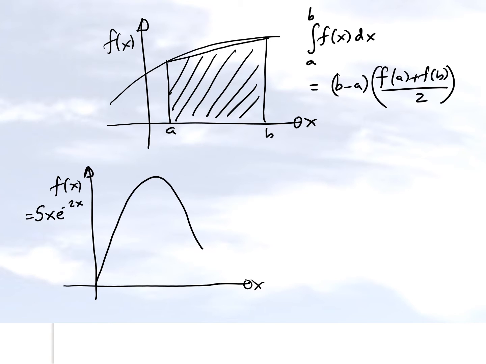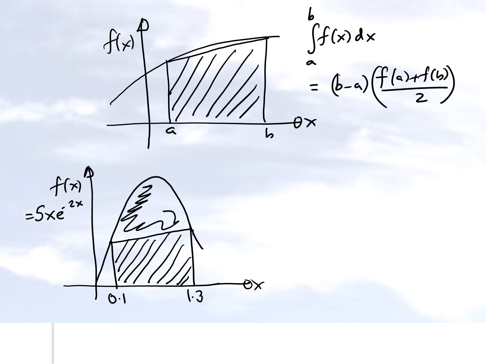Now let's suppose we are integrating from 0.1 to 1.3. Then you're going to find out that the trapezoidal rule is going to give you this much area under the curve. And what you're finding out here is going to be a huge error which is going to be left over because one chose only one segment or one application, single application of the trapezoidal rule.